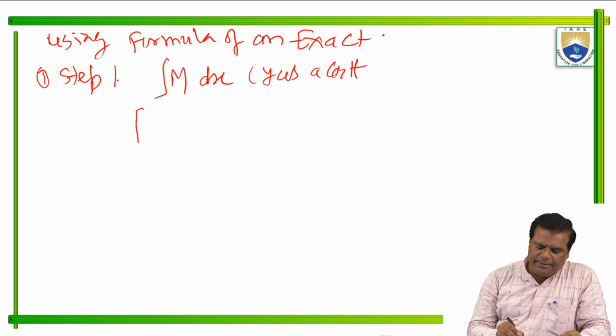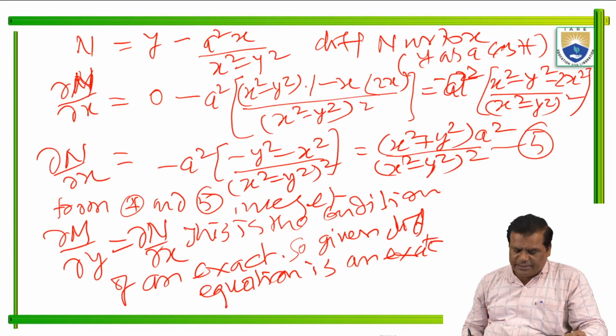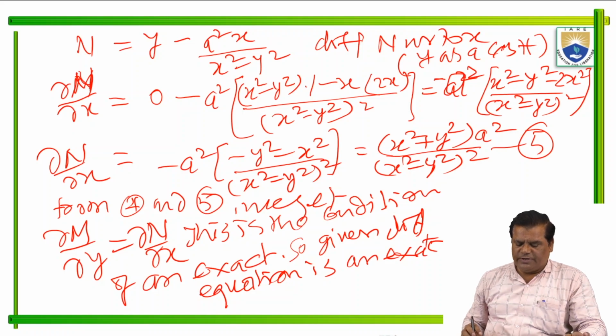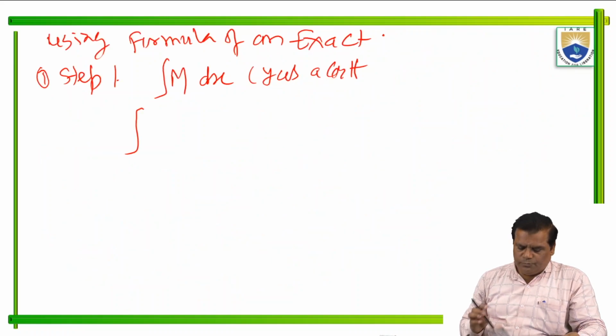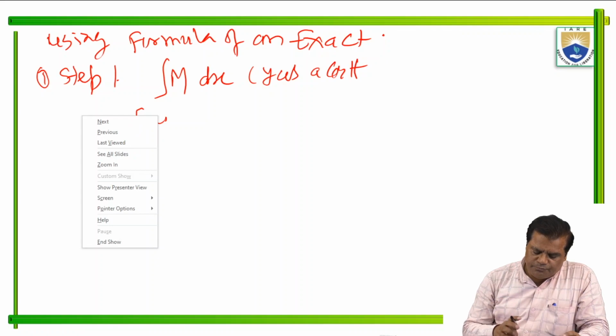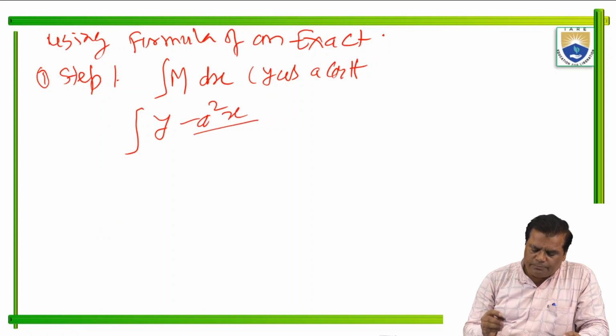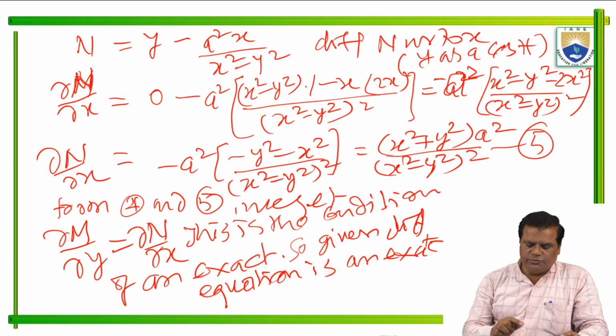So integrating M, what is M? We check here, what is M? M is y minus a square x upon x square minus y square. This is the value of M.